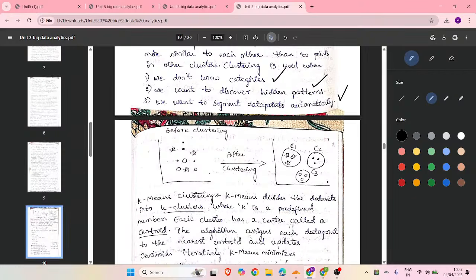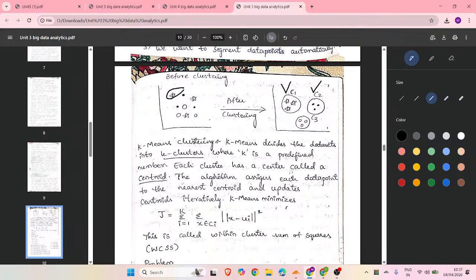If you see here, the stars, dot points and circles are all mixed in one dataset. Then after clustering, what happened? It is divided into three clusters: C1, C2, C3. Stars go to one cluster, dot points go to another cluster, and circles go to another cluster.